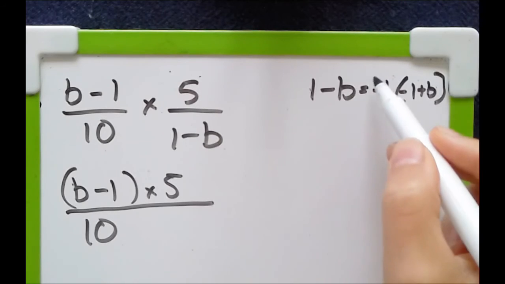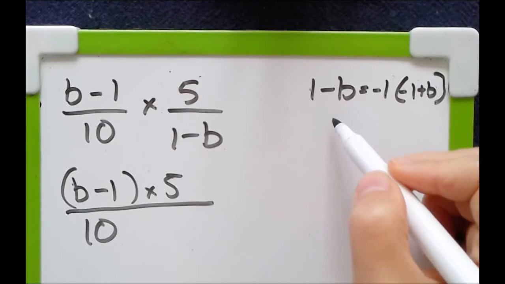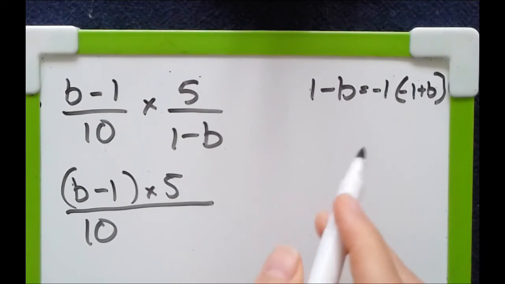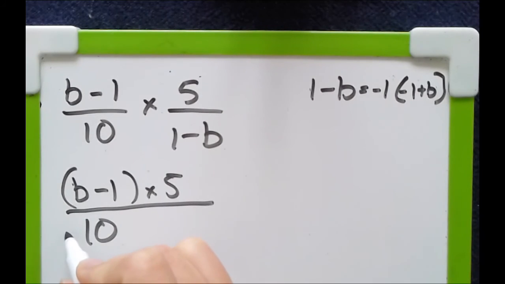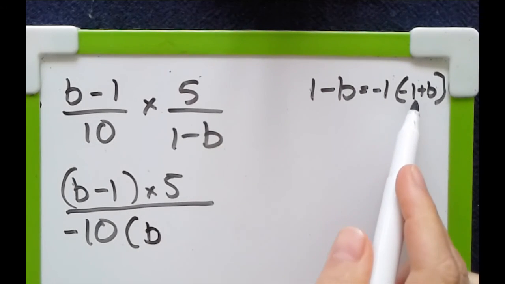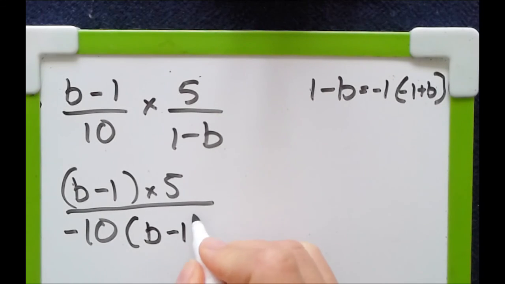So this is just another way of writing 1 minus b. So if I write that here, I've got a -1, so I'll put the -1 here, so it becomes -10. And in brackets, I've now got a positive b, so I'll write that first, and a -1. Remember, it doesn't matter what order you write those two terms in.